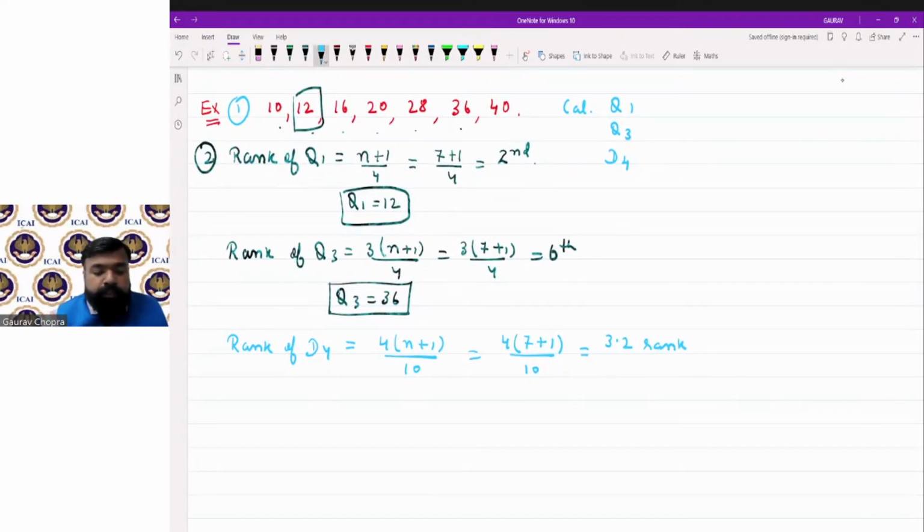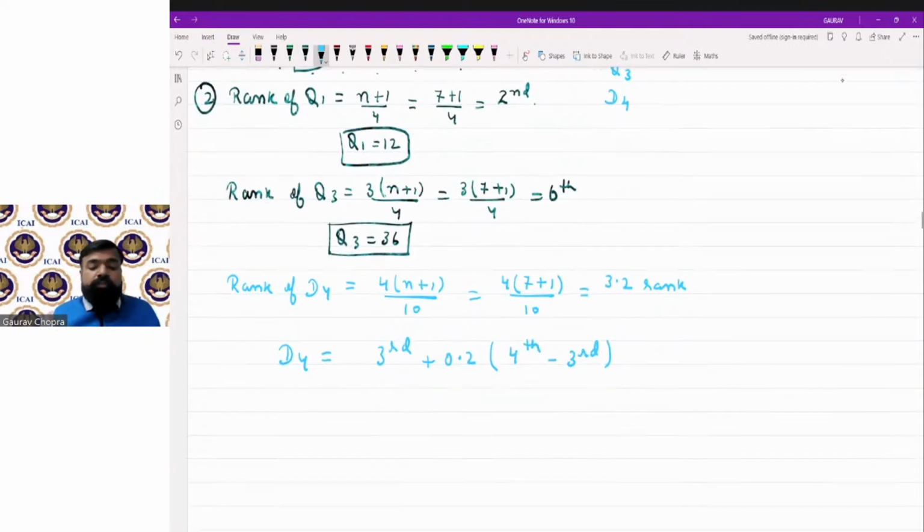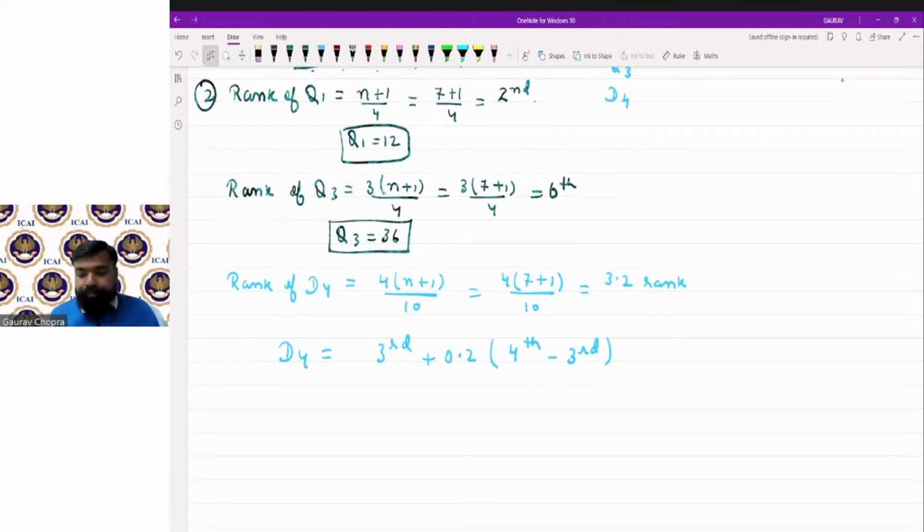We can split it. D4 will be equal to, we are splitting 3.2, which means third plus 0.2. Now this 3.2 is coming between which two ranks? 3.2 comes between third and fourth. So multiply 0.2 with the fourth value minus the third value. In this way we can easily split them.